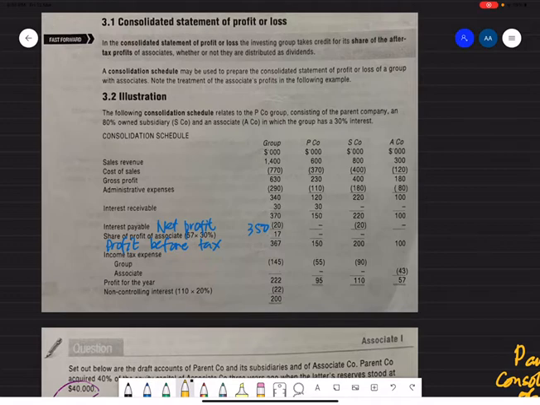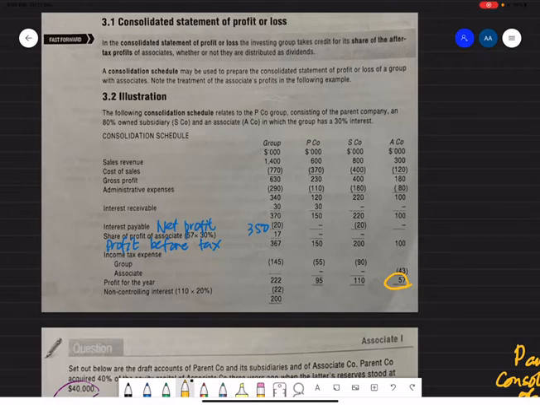After net profit, to account for associate company using equity accounting, you will take the profit after tax of associate company times the percentage of shares owned.